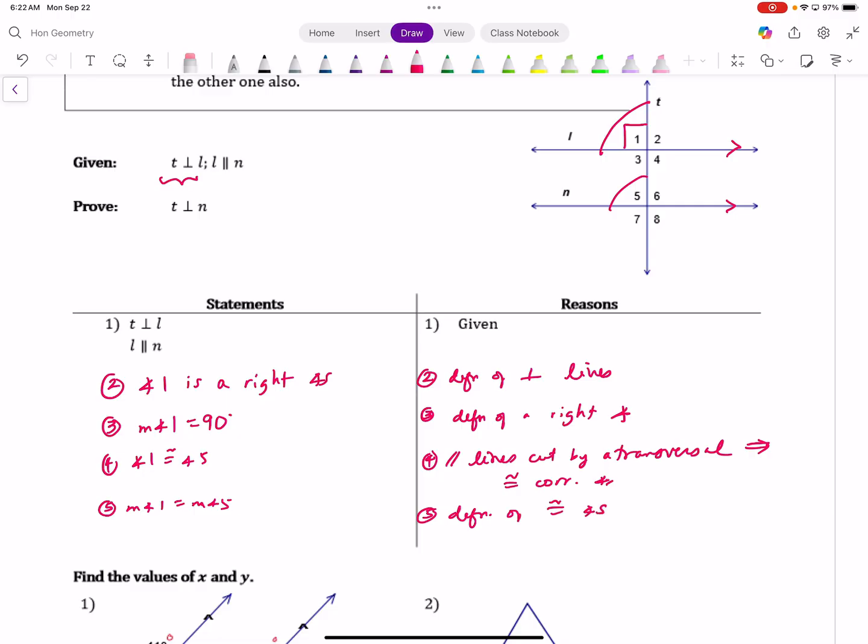So then I could come back, and since I know the measure of angle 1 is 90 degrees, I could put that 90 degrees is equal to the measure of angle 5, because that's a substitution. I substituted a number. Okay. So then that makes, I really am going to run out of room, that makes angle 5 a right angle, because that's the definition of being a right angle.